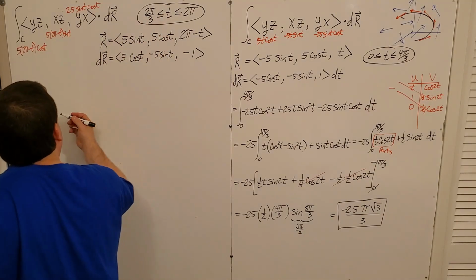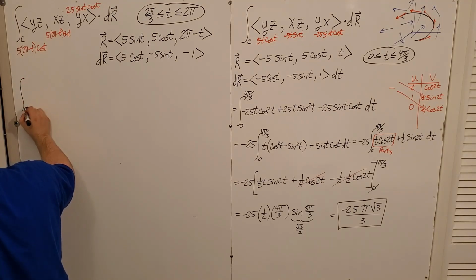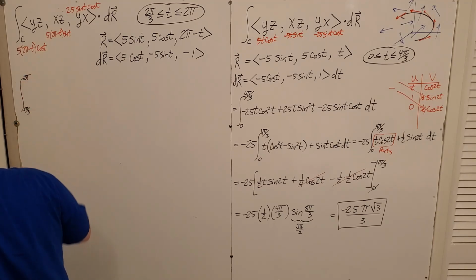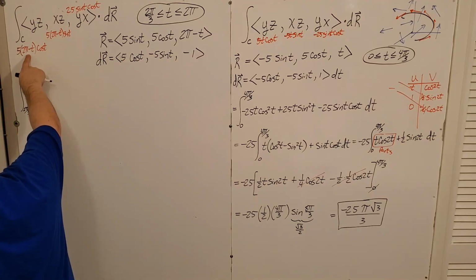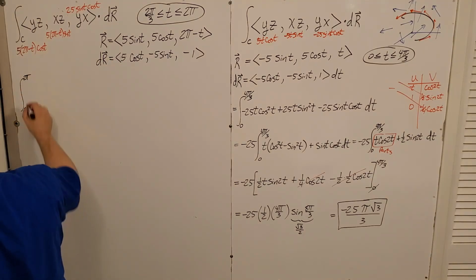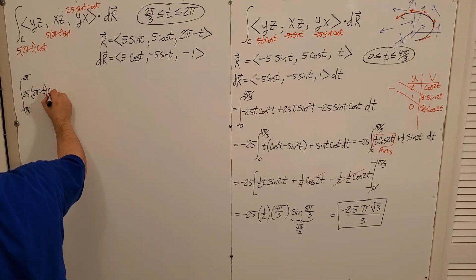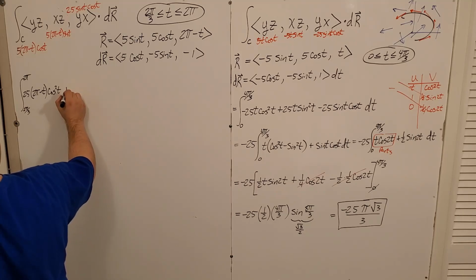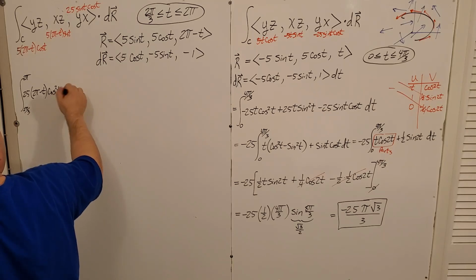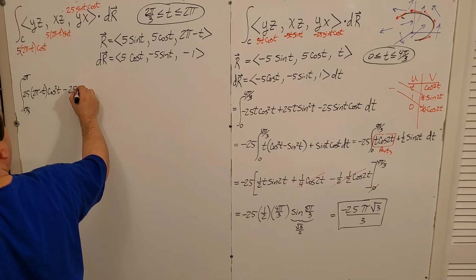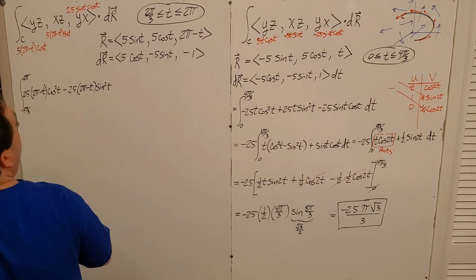And then we're going to have our integrand. So integral from 2π over 3 to 2π. And then I've got 5 cosine times 5(2π − t) cosine. So that's 25(2π − t) cosine squared plus, I've got a minus this time, so minus 25(2π − t) sine squared.